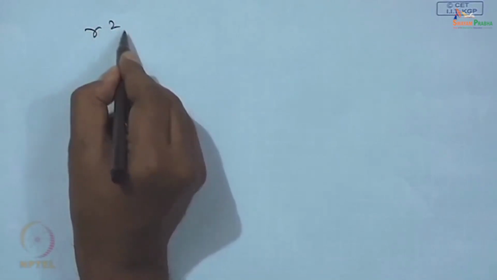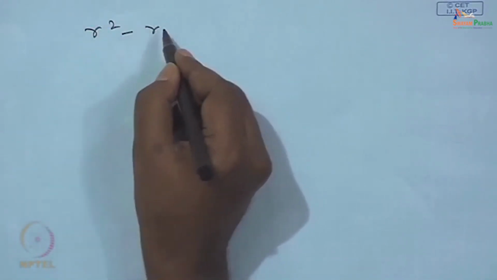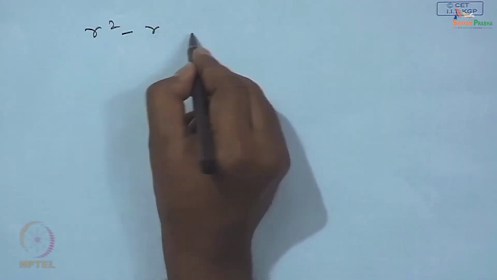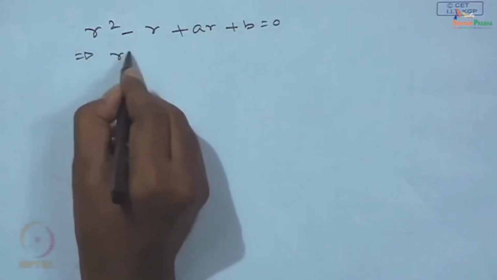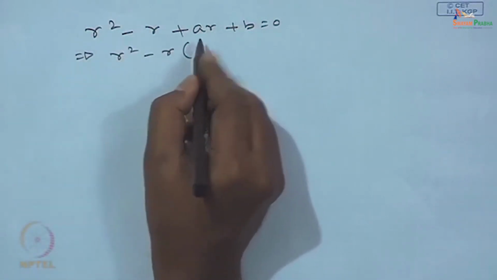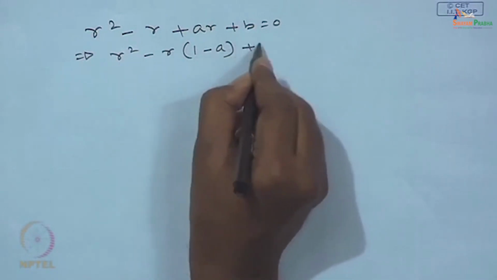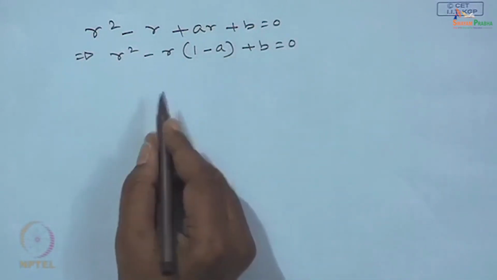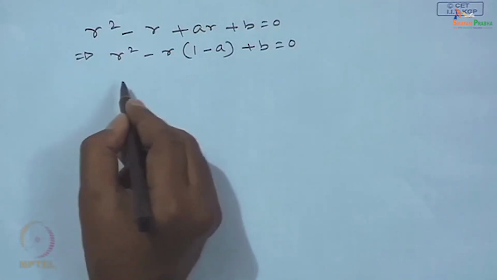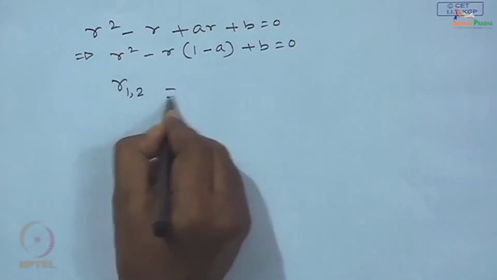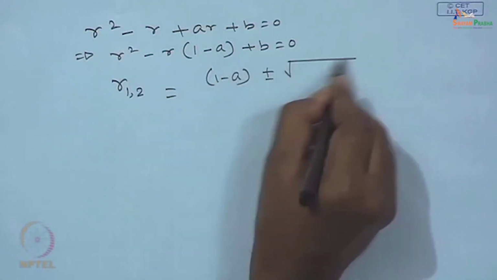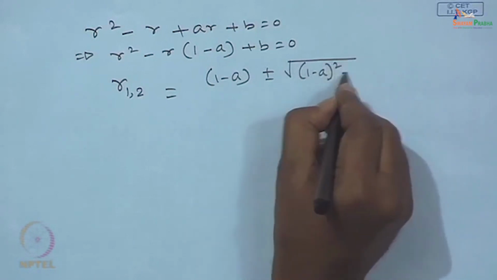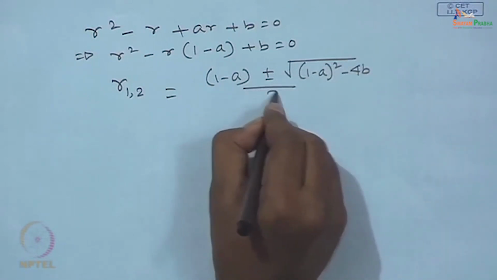Okay. So, if you solve this equation, r square minus r plus a r plus b is equal to 0. So, you will be getting r square minus r into 1 minus a plus b is equal to 0. It is a quadratic with two solutions, r 1, 2 is equal to minus b plus minus under root b square minus 4 b divided by 2.